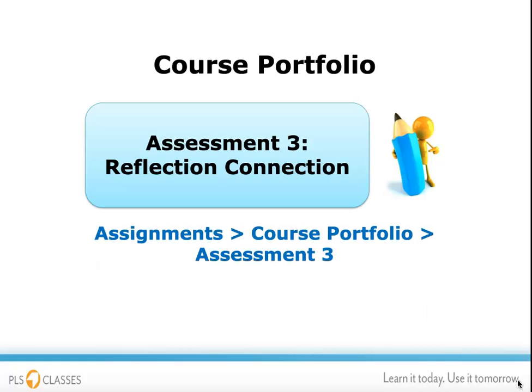Please locate Assessment 3 on Canvas, Assignments, Course Portfolio, Assessment 3, along with the rubric for this assessment. As previously mentioned, throughout this course, you will complete 10 reflections like you just reviewed in the Reflection Connection section. You will use the Reflection Connection templates located on Canvas.